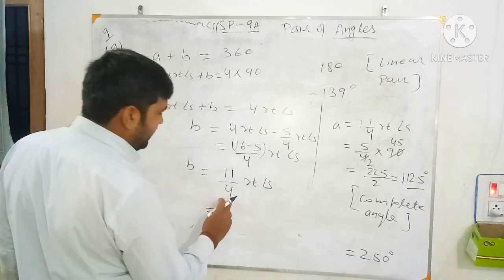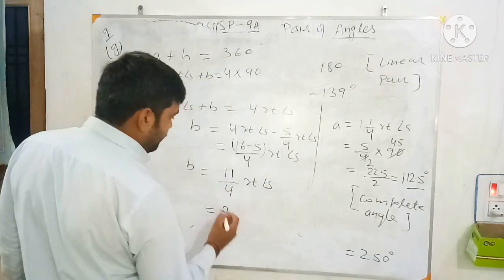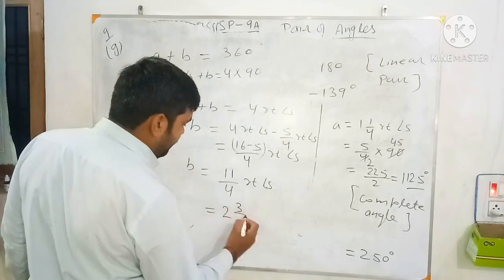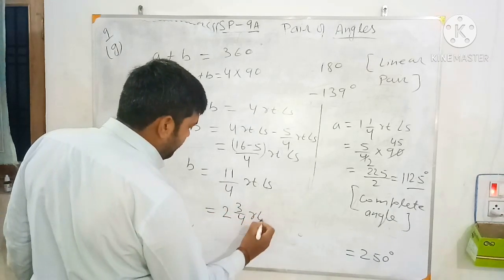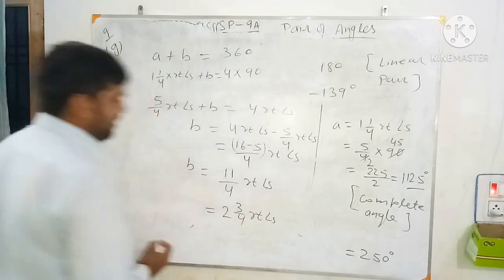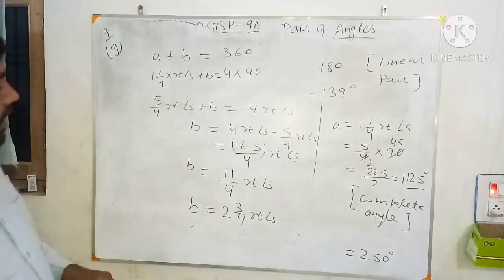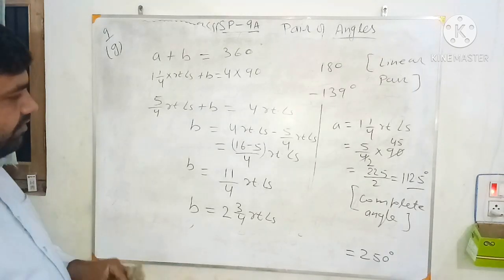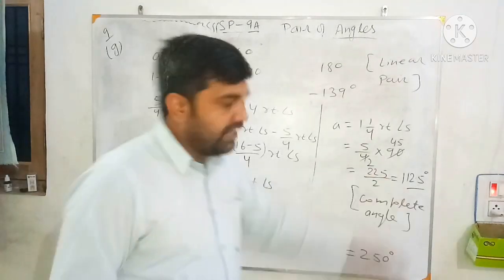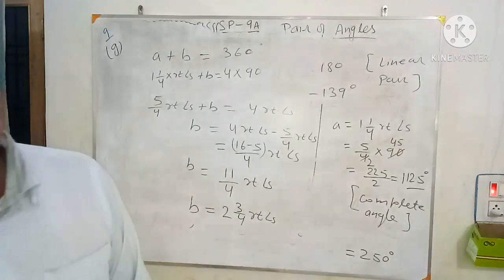So in mixed fraction what you get? 4 2s are 8, remainder 3, so 2 3 by 4 right angles. That is the measurement of angle B. Like this we can find it, and like this also we can find in degrees.